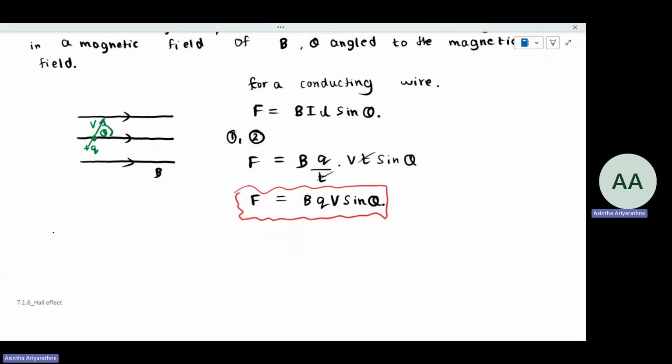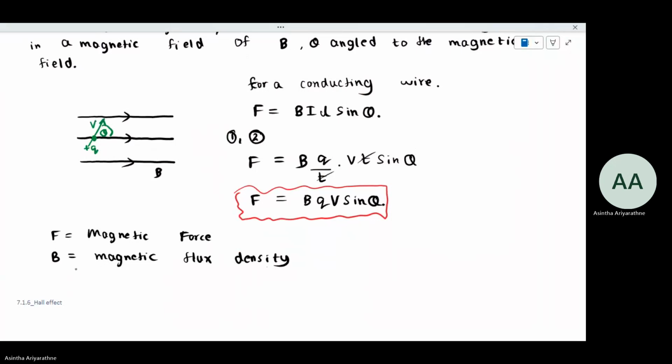Right. So here F is the magnetic force. B is the magnetic field density, which is in Tesla, the magnetic flux density. Q is the amount of charge.